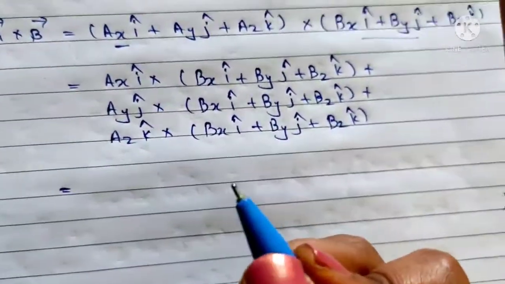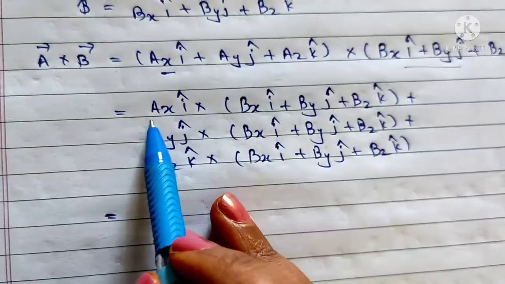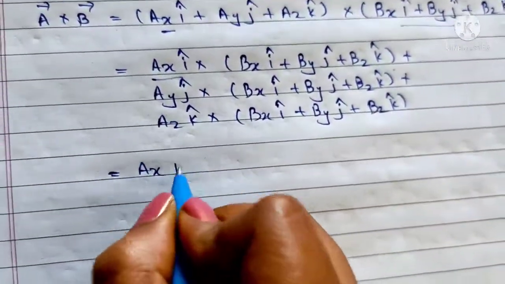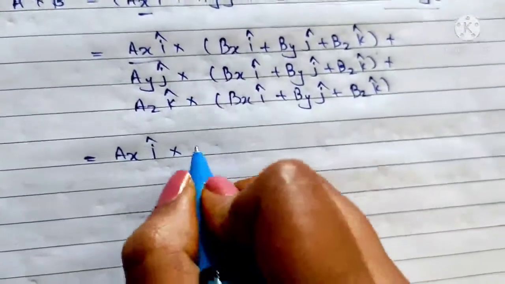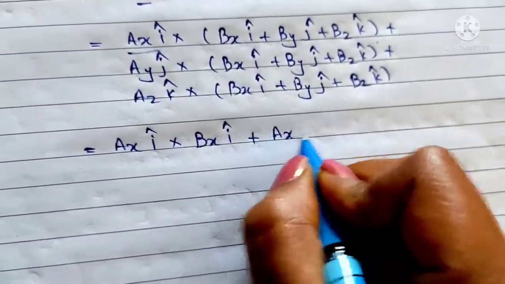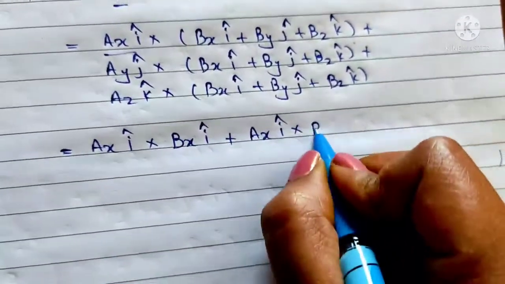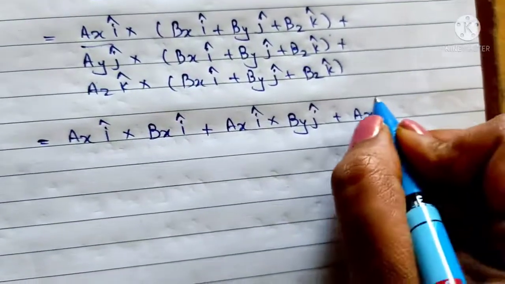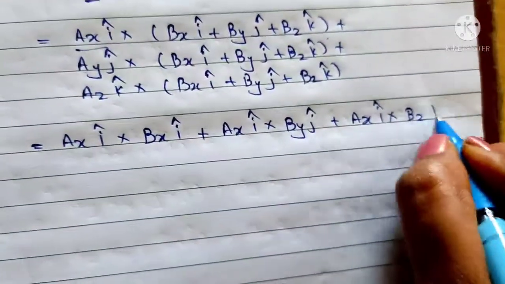Now take the cross product of this term with each of these terms. So ax i cap cross bx i cap plus ax i cap cross by j cap plus ax i cap cross bz k cap.